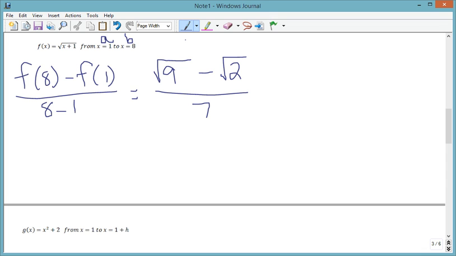That's okay. Over 7. Alright, so I've got 3 minus square root of 2 over 7. That's my average rate of change. Now, looks like kind of a weird number. If I plug that into a calculator, though, I could get a pretty nice estimate for it. That's my rate of change.